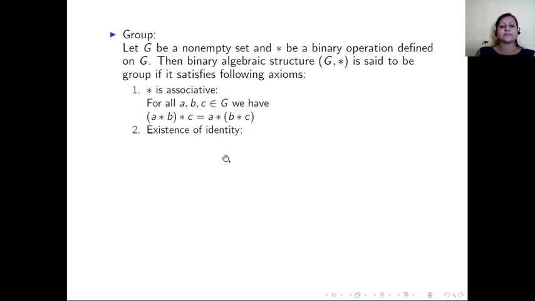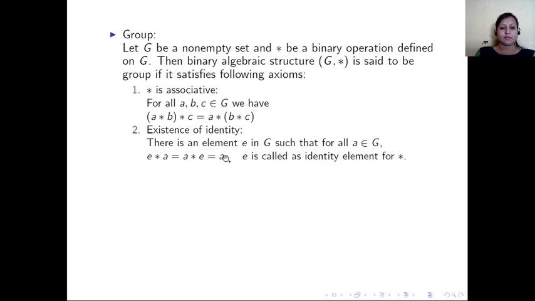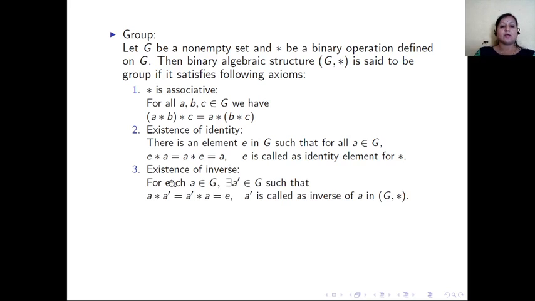Second axiom, existence of identity. So there is an element E in G such that for all A belongs to G, E star A is equal to A star E is equal to A. E is called as identity element for star. Then existence of inverse. For each A belongs to G, there must exist an element A dash belongs to G such that A star A dash is equal to A dash star A is equal to identity.